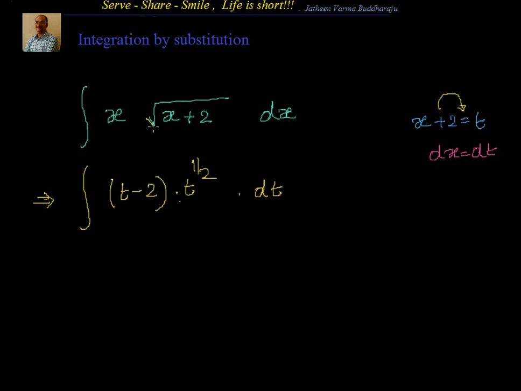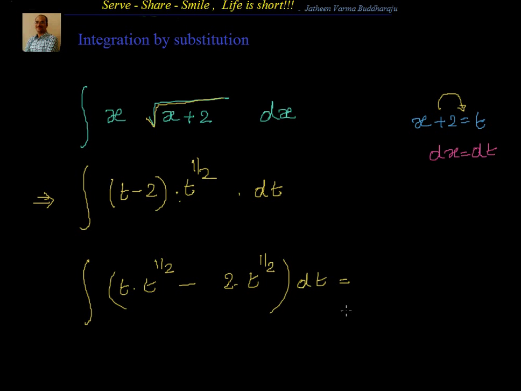Why have we done that? Because it's very difficult to find what is square root of x plus 2, then multiply that and find the integral of that. So we want to avoid this, so we have taken this as t such that I can write x equal to t minus 2. Now this is pretty easy because this is nothing but t into t power 1 by 2 minus 2 into t power 1 by 2, dt of that.